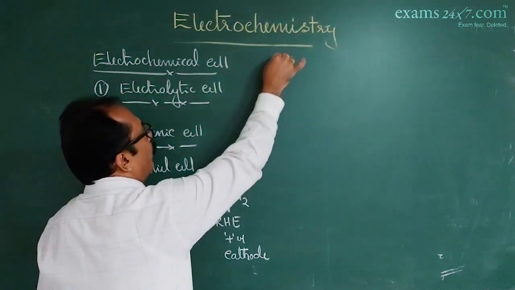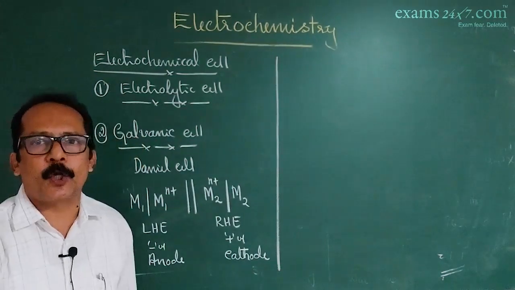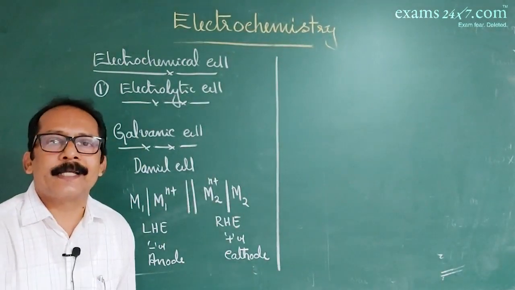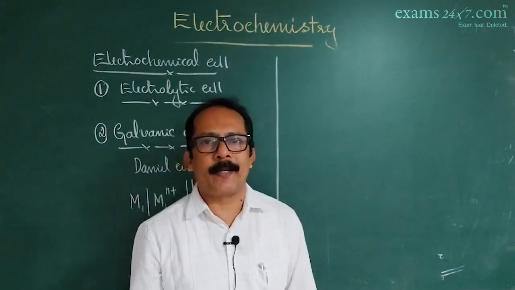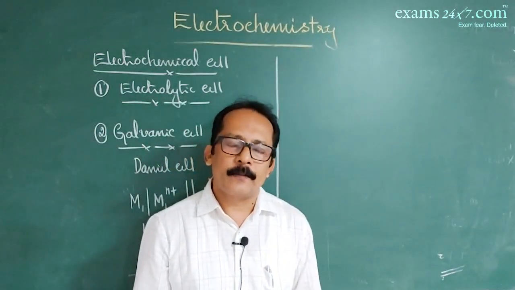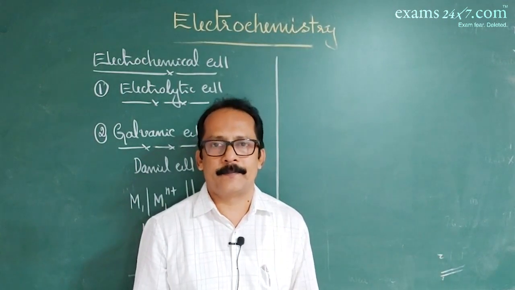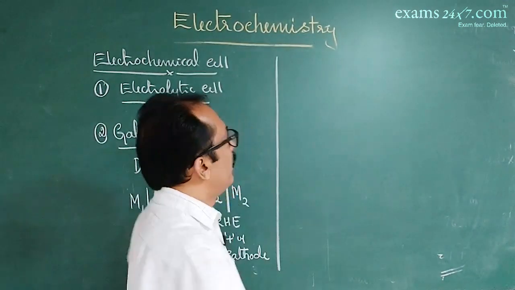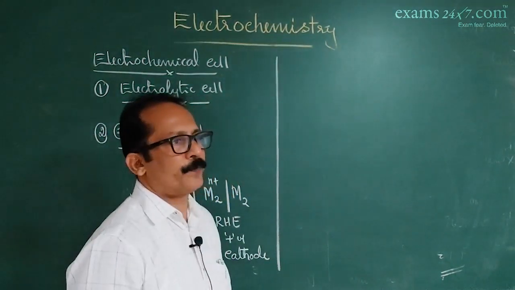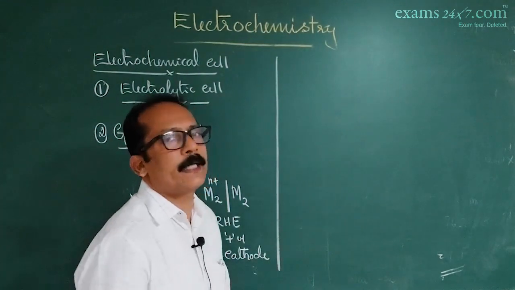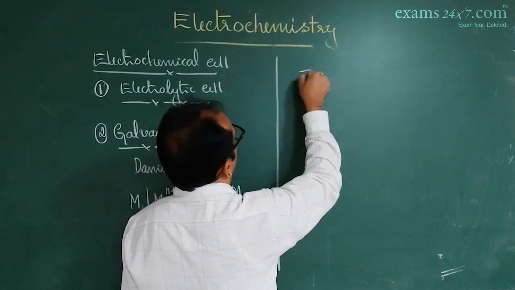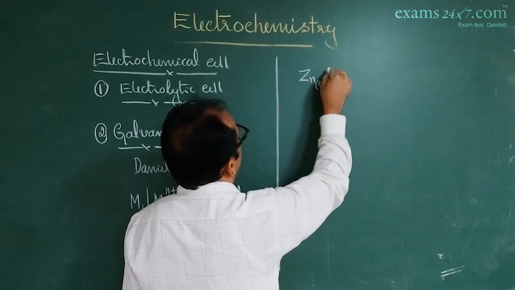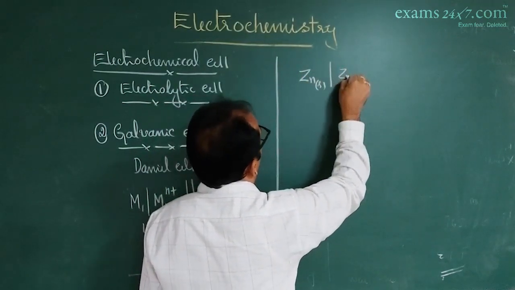One example for a galvanic cell is the combination of a zinc electrode and a copper electrode. When a zinc electrode is coupled with a copper electrode, that forms a Daniell cell or galvanic cell. In the representation of the Daniell cell, zinc is more electropositive, so zinc is taken as the left-hand electrode.